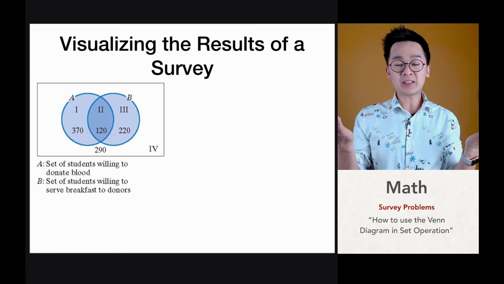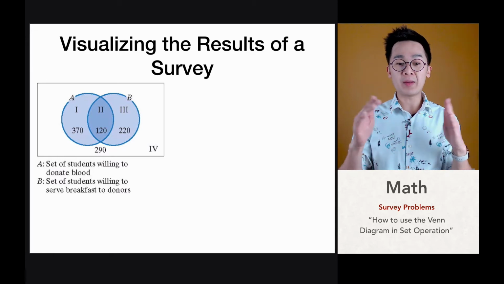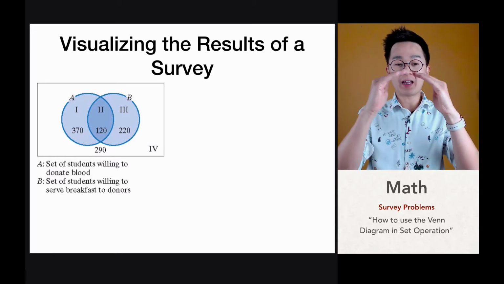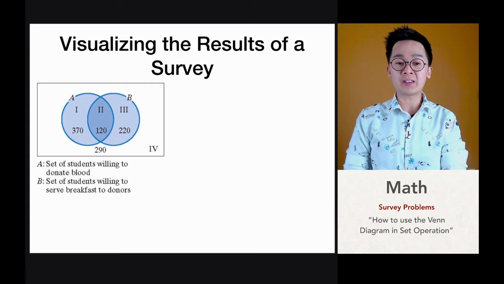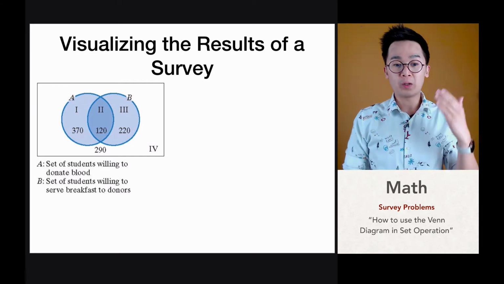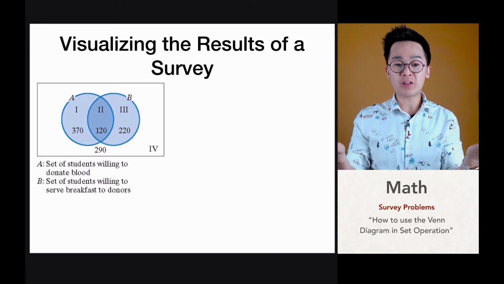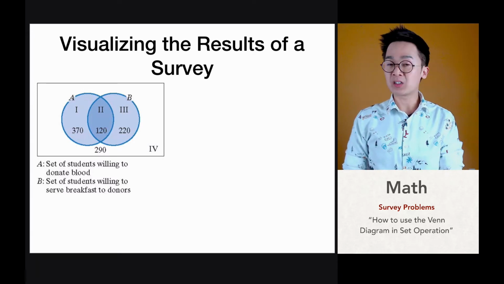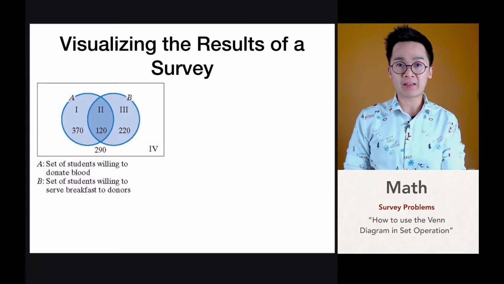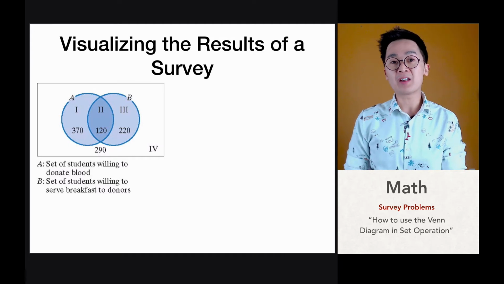And in set B, it will be the number of students who are willing to serve breakfast to donors. You will see that there's the second group in the middle, which is the intersection of A and B. That means those are the students who are willing to do both, which is to donate blood and to serve breakfast to donors. If we're going to be answering some of the problems involving this Venn diagram, it's extremely important that you understand the numbers, the groupings, and the subsets that you're seeing in your union sets.